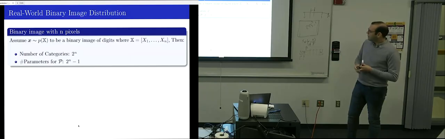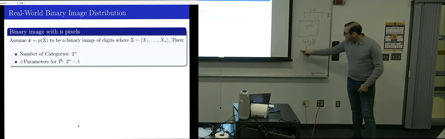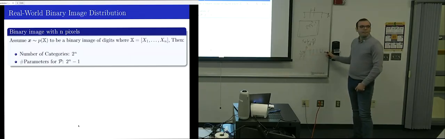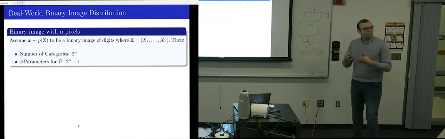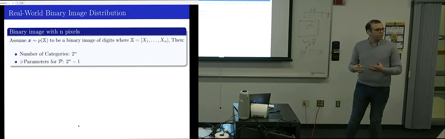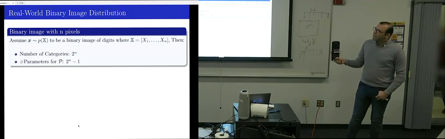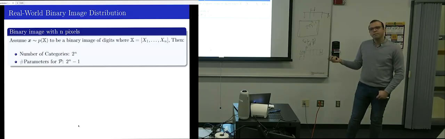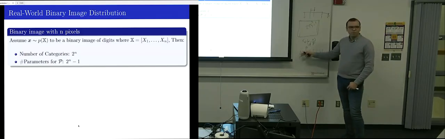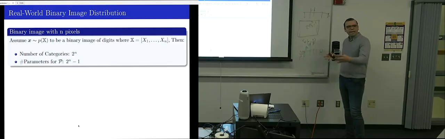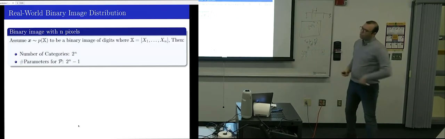So, what is the number of different images I can have? It means the number of categories. I want to model it using a categorical distribution, yeah? Because it's 0 and 1, I have a categorical distribution. What is the number of categories? The number of categories is 2 to the power of n, because each of them can have two states, 0 or 1, and the multiplication of n twos is 2 to the power of n.